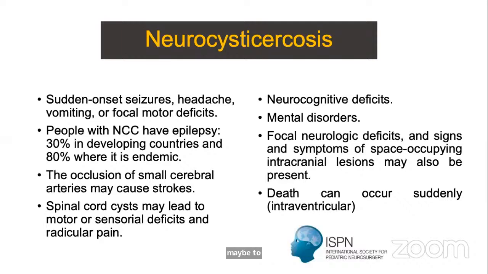deficits or radicular pain. The neurocognitive deficit is more common in childhood, and mental disorders are more commonly observed in adults and young adults with cysticercosis. The focal neurological deficits and signs and symptoms of space-occupying intracranial lesions may also be present, and can occur suddenly also in intraventricular cysticercosis.